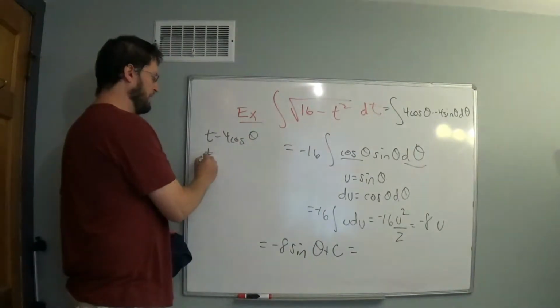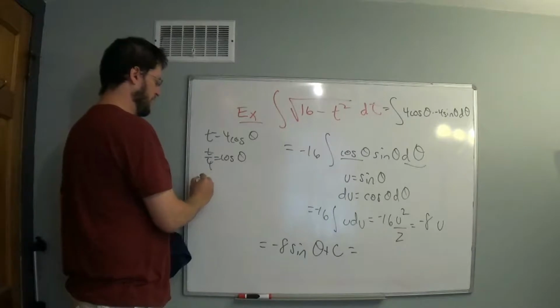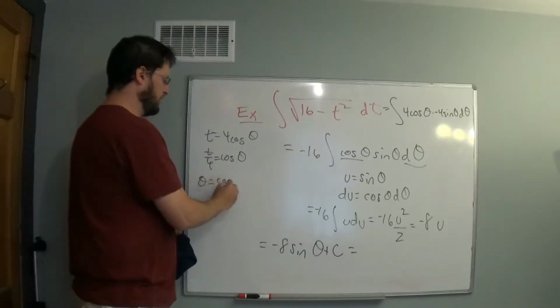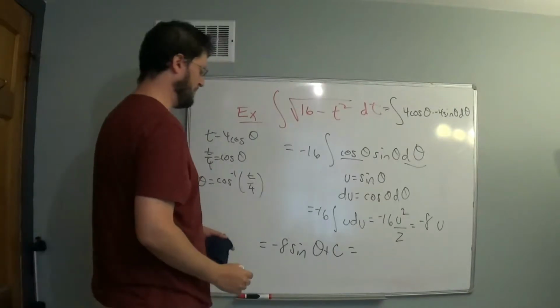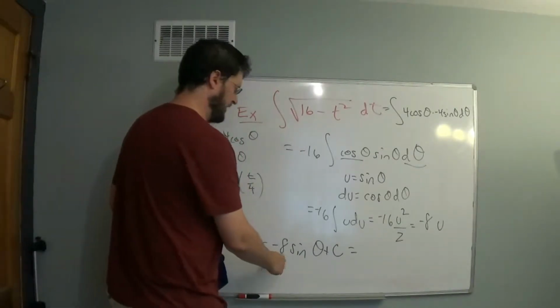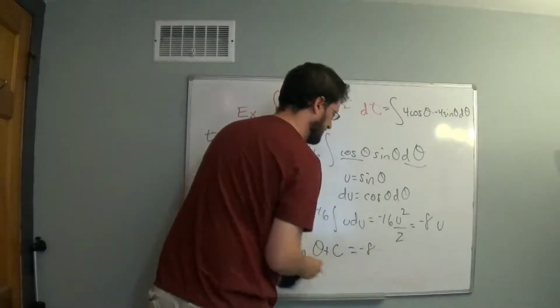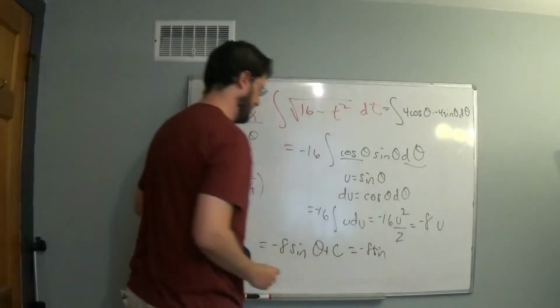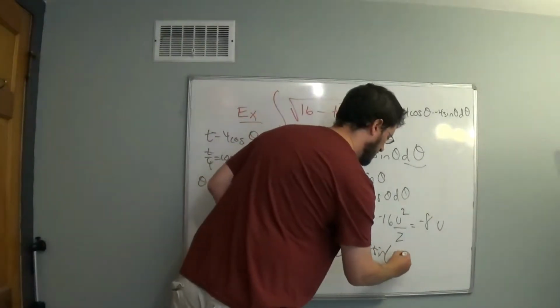Divided by 4, I get t over 4 is cosine theta, so that theta is cos inverse t over 4. And that makes negative 8 sine of cosine inverse of t over 4.